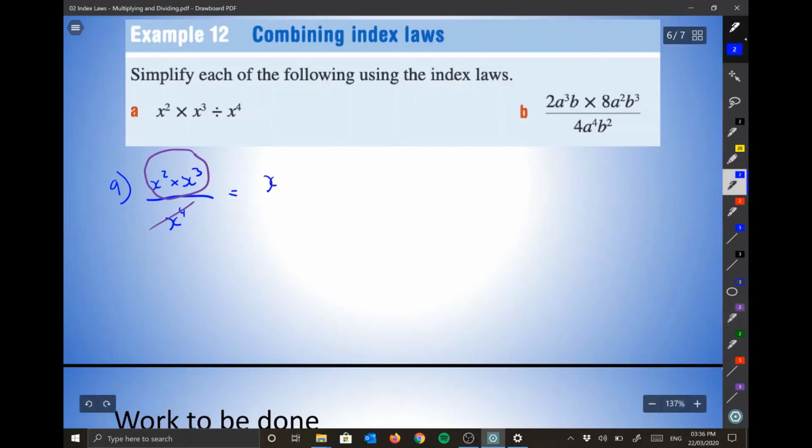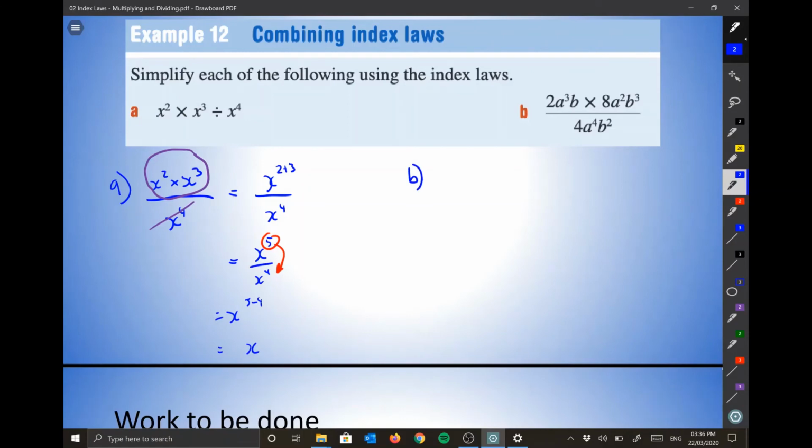Just deal with the top. X to the power of 2 plus 3. So then it becomes x to the power of 5 over x to the power of 4. And then we proceed as before and turn this into x to the power of 5 minus 4. And there we have our final answer.